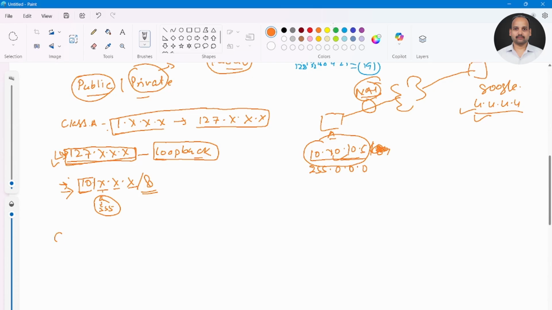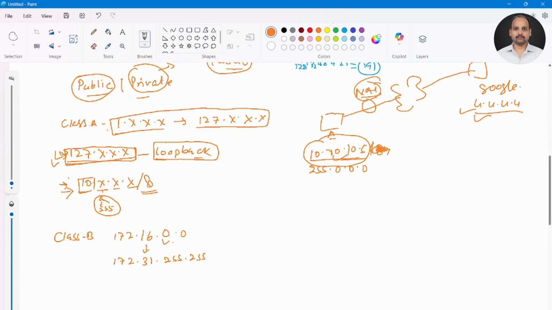And from class B, one range is excluded: 172.16.0.0 to 172.31.255.255.